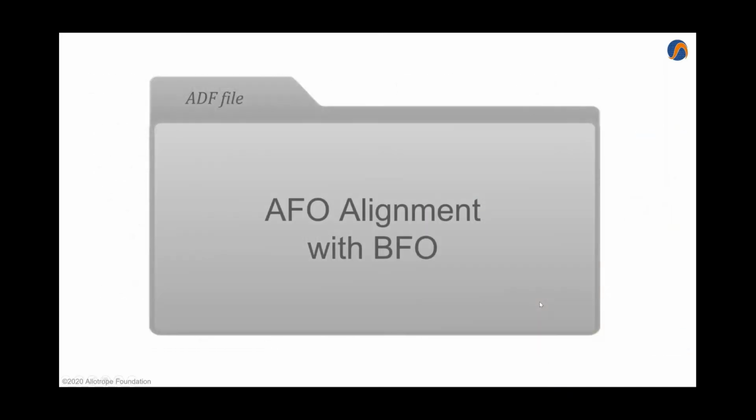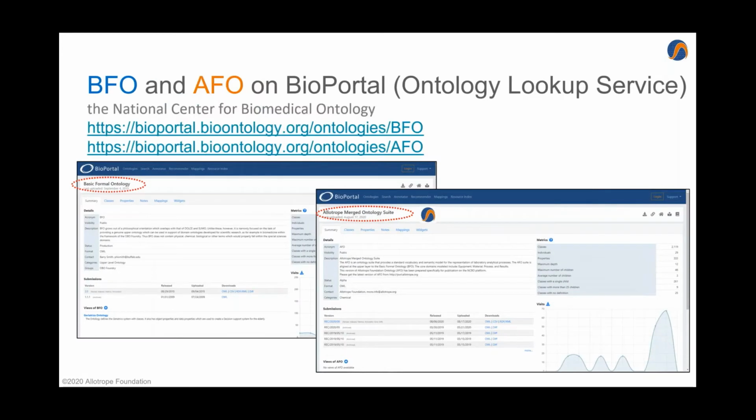So now that we have an understanding of the motivation behind the BFO, we can start talking about how AFO leverages the BFO and the alignment between the two. Through the following slides, I will use a screenshot from BioPortal, which is an ontology lookup service, both for AFO and BFO.